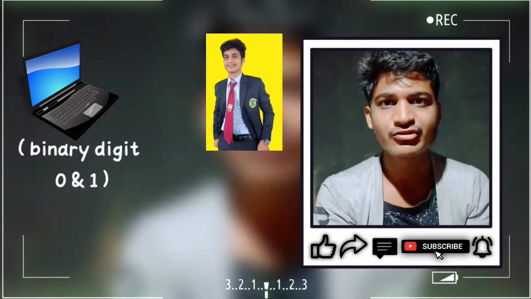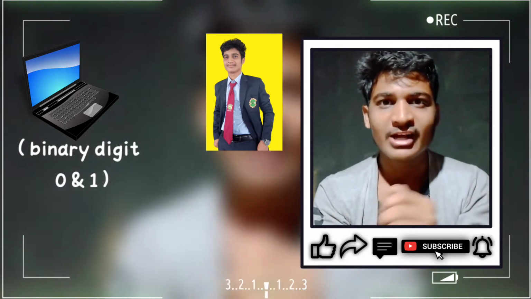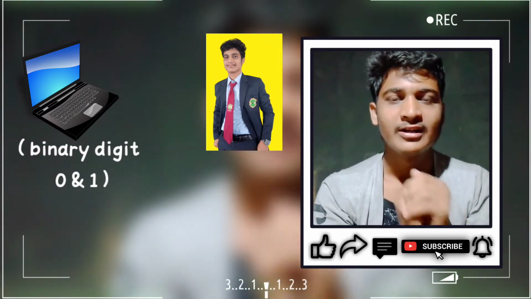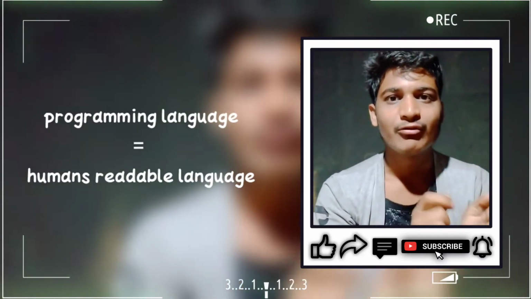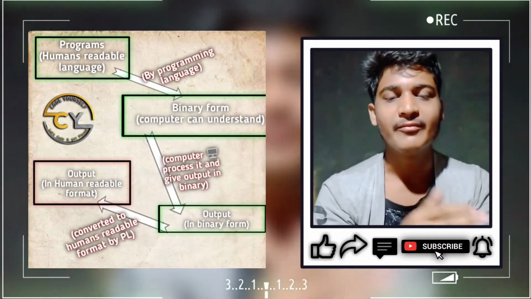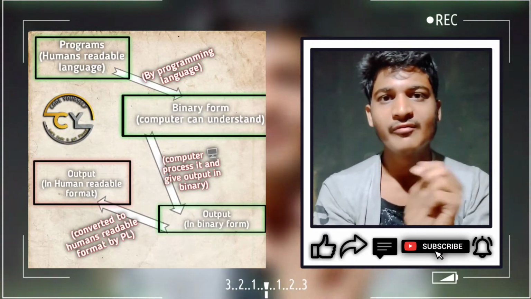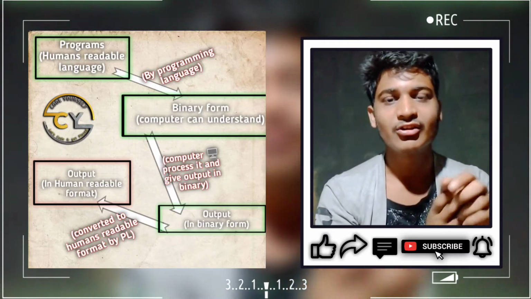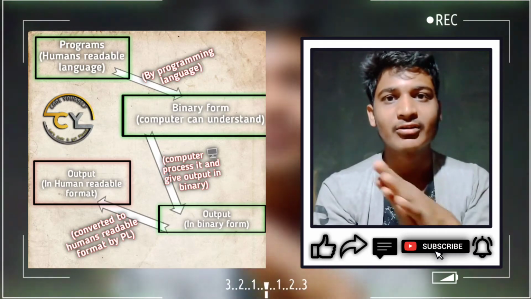When a human wants to interact with computers, at that time programming languages play a vital role. Let me clarify how. Programming languages are nearly equal to human readable languages, by which a human can give commands easily to computers, and the programming language converts them into binary form, that is 0 and 1, which the computer can understand.